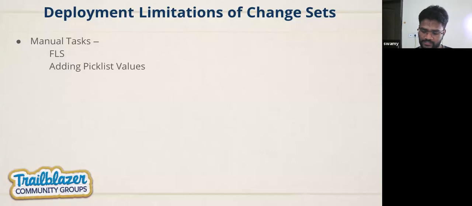But here is a catch. If you are deploying a new picklist field, suppose you have created a new picklist field, you can easily deploy it. But if you are adding a few new values to an existing picklist, then you should think about change sets. You should not use a change set while adding values to an existing picklist field.